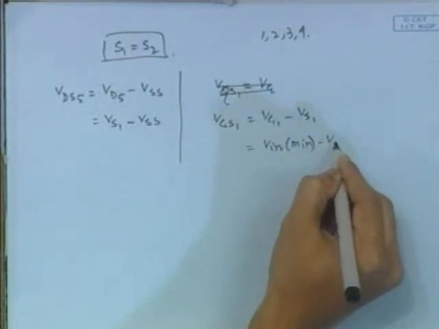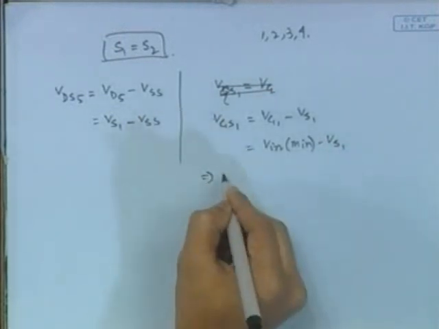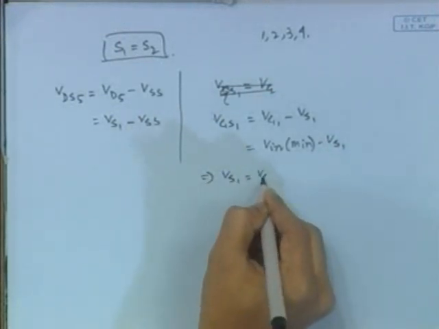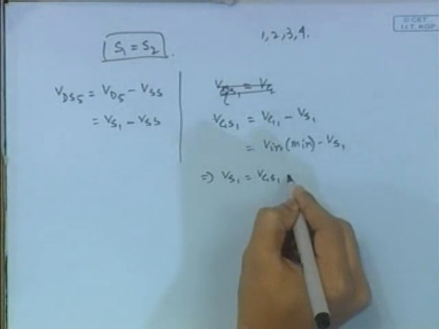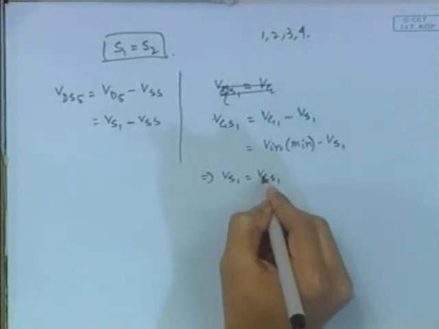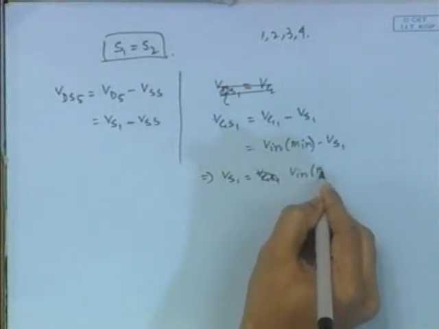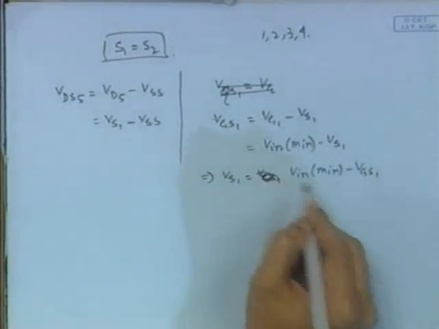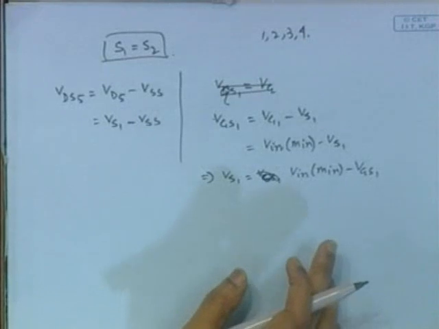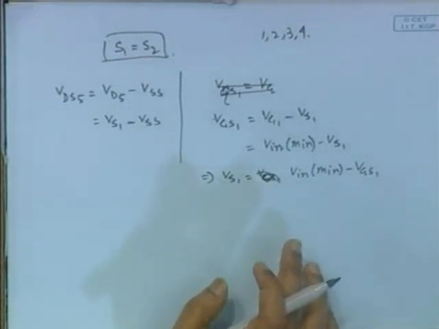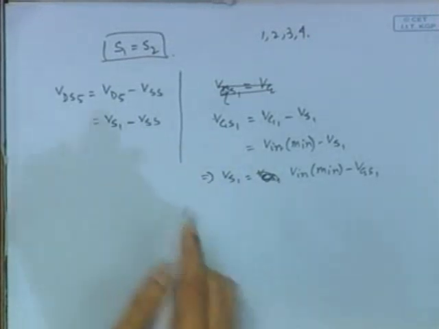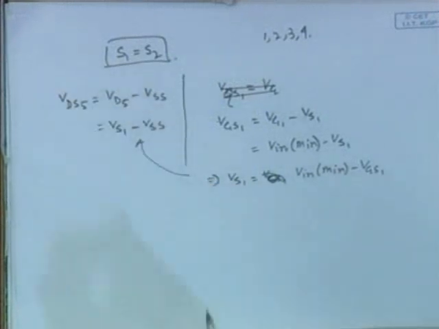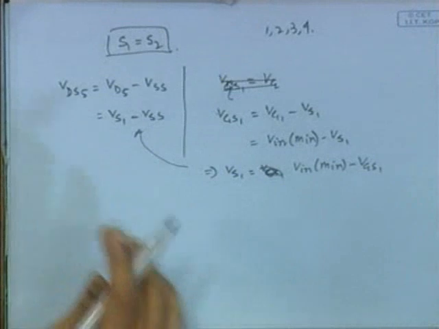So VS1 comes out as Vin min minus VGS1. You know all these things. VGS1 we know, Vin min we know, so we know VS1, and just putting that value here we know VDS5.